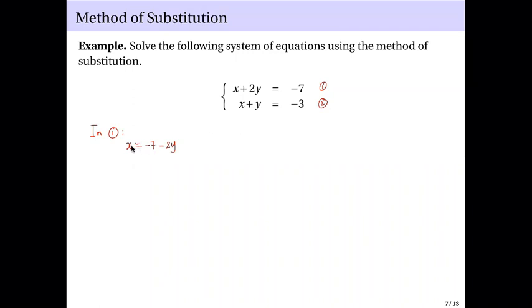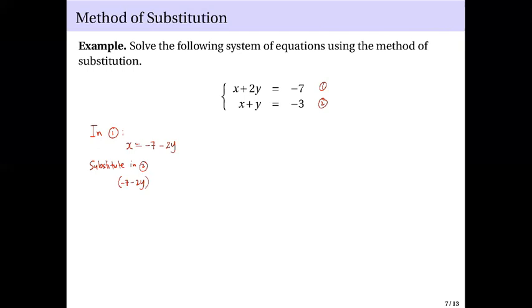And then substitution, what we're going to do now is to substitute this in equation 2. So we have x plus y equals negative 3, but x now it's, so let me emphasize it here. You have minus 7 minus 2y, that's your x.